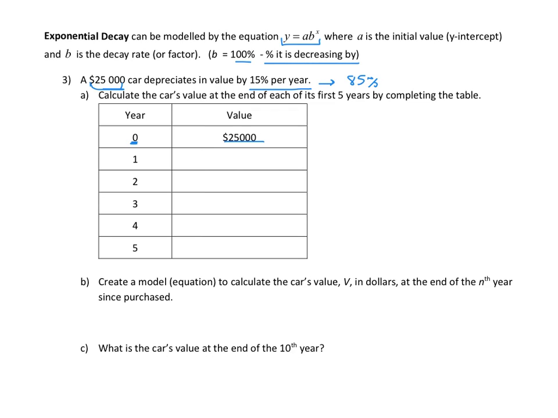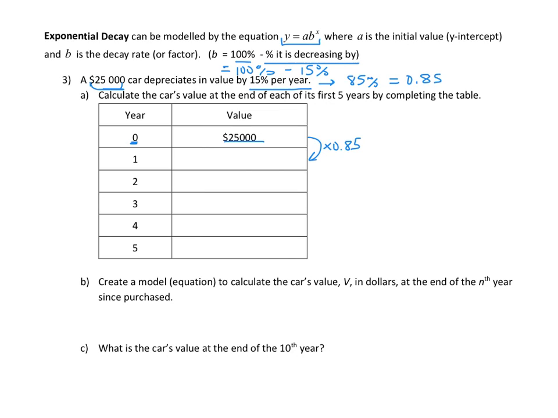That's because 100% minus 15% is equal to 85%, or 0.85. Sorry, I added a 0 in there when I said that the first time. So what I can do with this value is times by 0.85 to get what it's worth at the end of the first year.